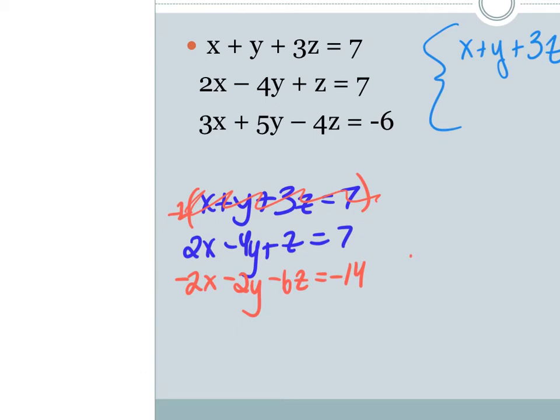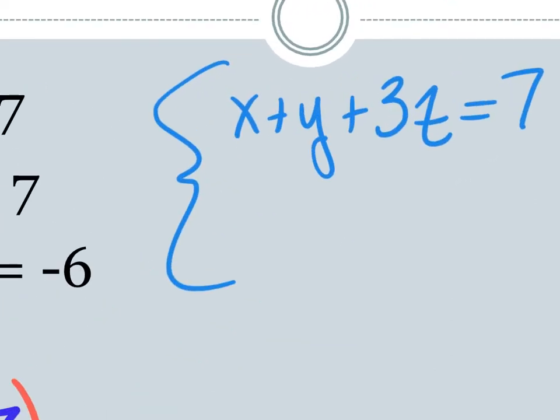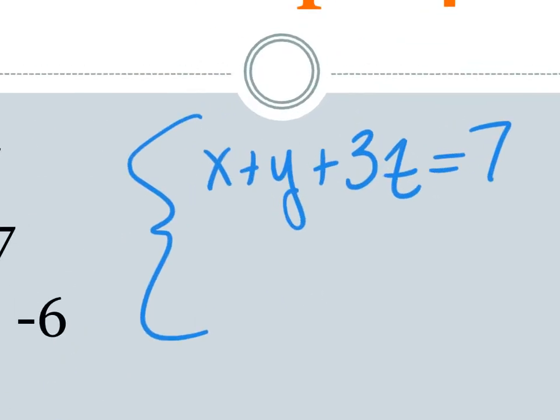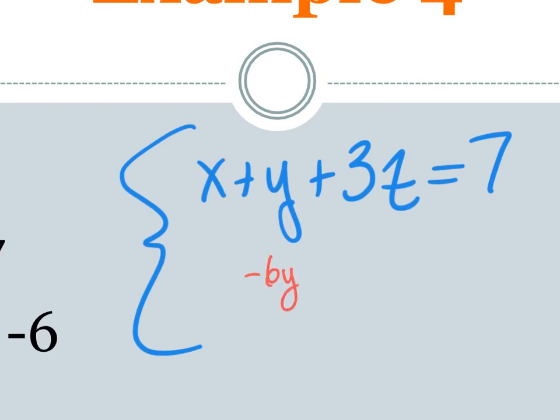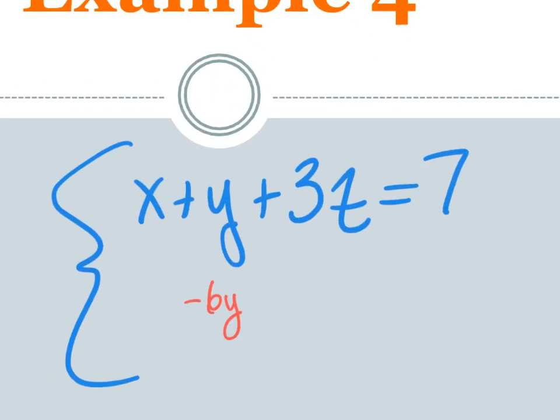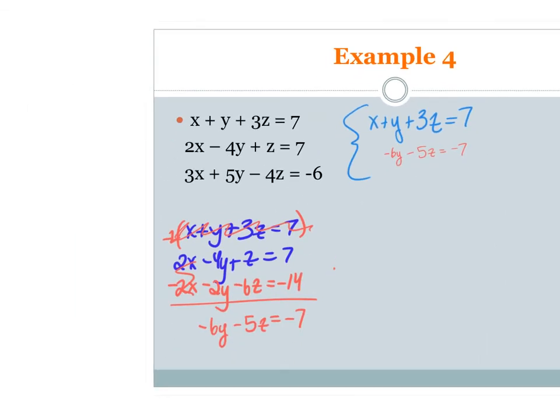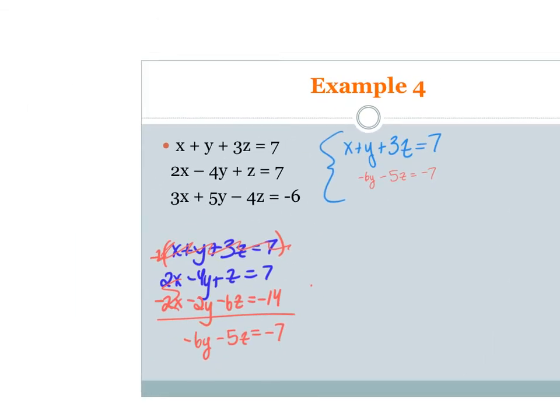If I combine, I have negative 6y minus 5z equals negative 7. Now I need the last one to just say z equals.